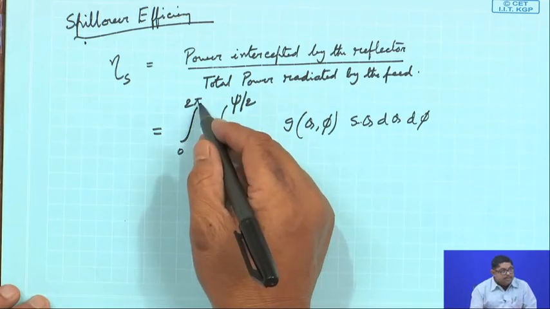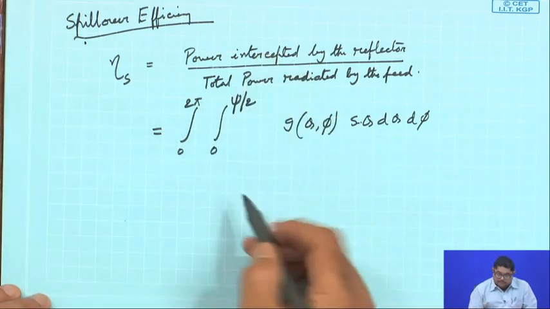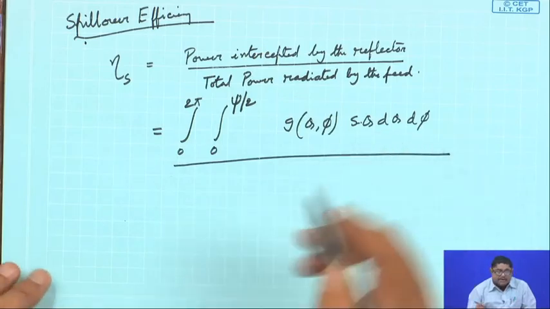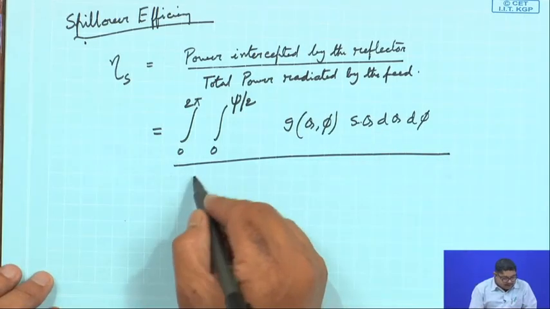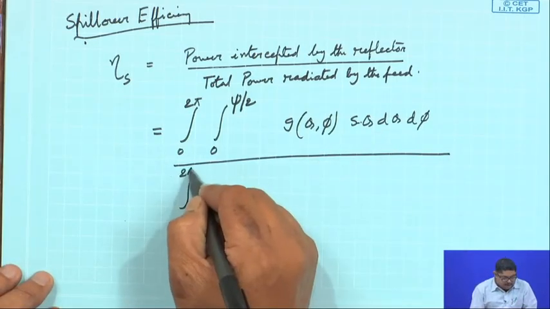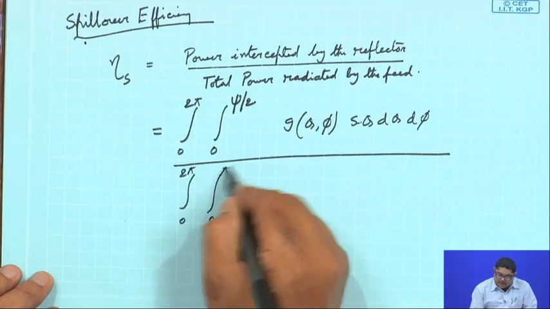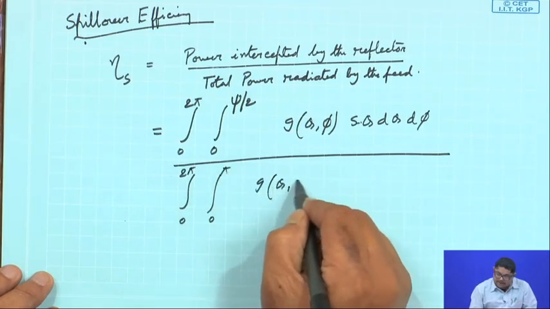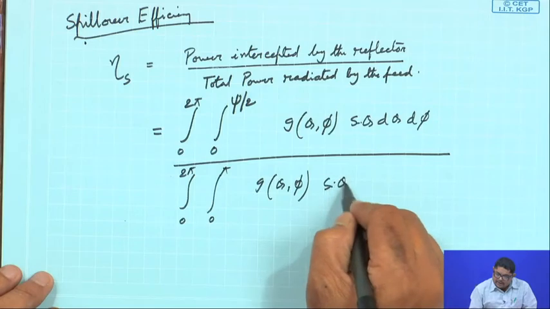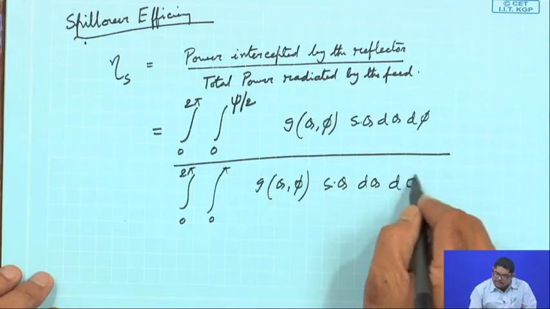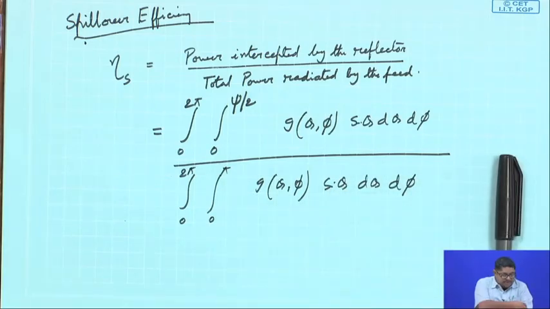So, here 0 to psi by 2, this is the power intercepted by the reflector, and here 0 to 2 pi, 0 to pi, G theta phi sin theta d theta d phi, that is all. That is spillover efficiency. Okay.